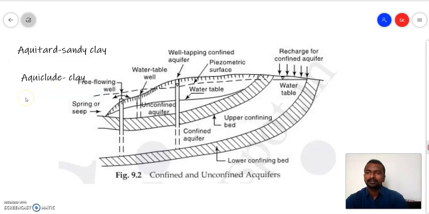The next point, which is related to the aquifer only, is the aquifuge. This aquifuge is also different from aquiclude or aquitard.